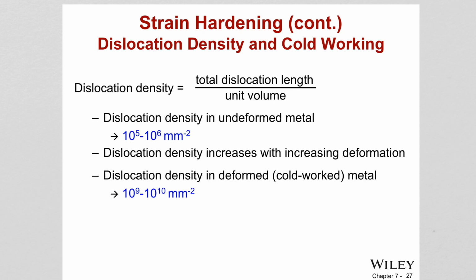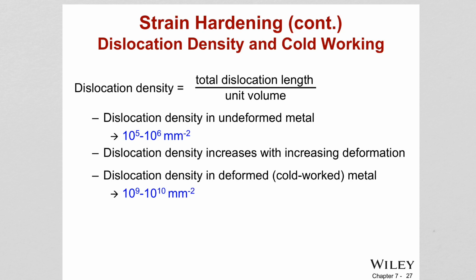So I told you, in strain hardening, when we do cold working on the sample, dislocation density increases and the dislocations become obstacles to each other. Dislocation density is defined as the total dislocation length over the unit volume.